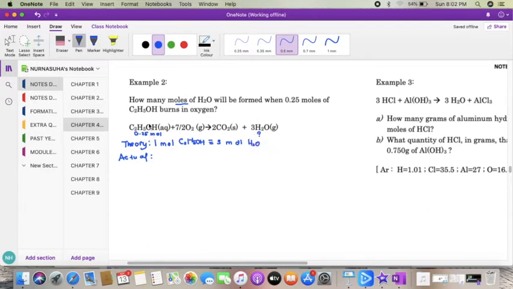So daripada equation, 1 mole ethanol menghasilkan 3 mole H2O. However, mole ethanol yang you ada bukan 1 mole, tapi hanyalah 0.25 mole ethanol, C2H5OH.